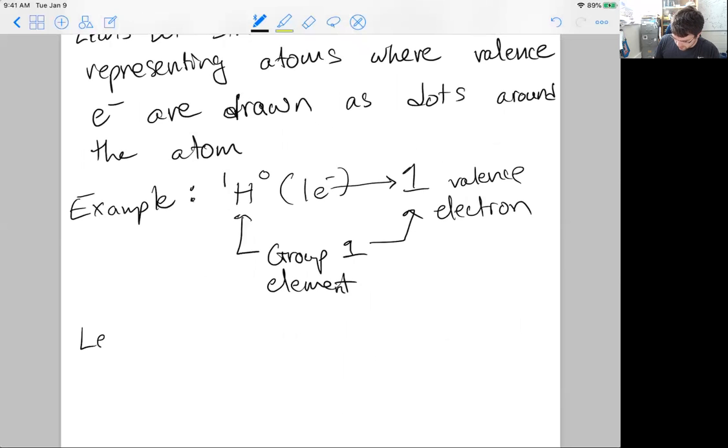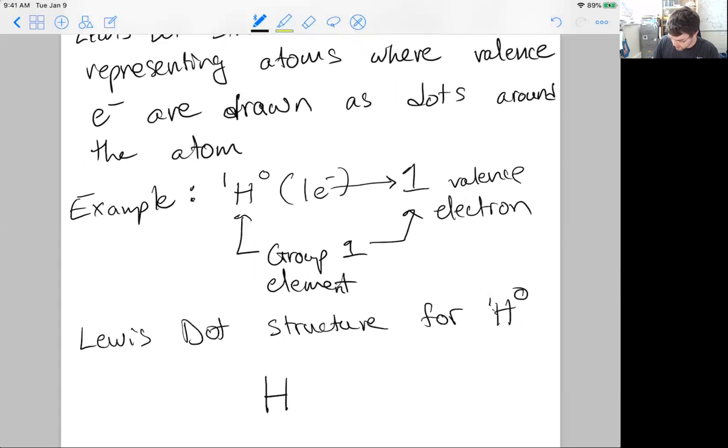So now if we have a Lewis dot structure for 1H0, it would look like an H atom, the atomic symbol, plus a dot for each valence electron.